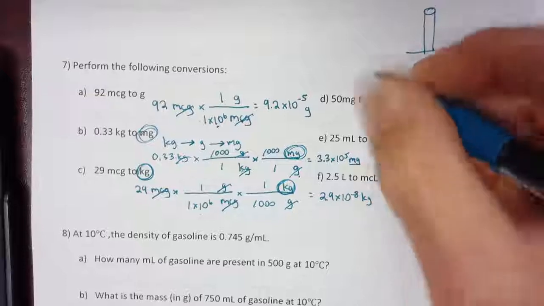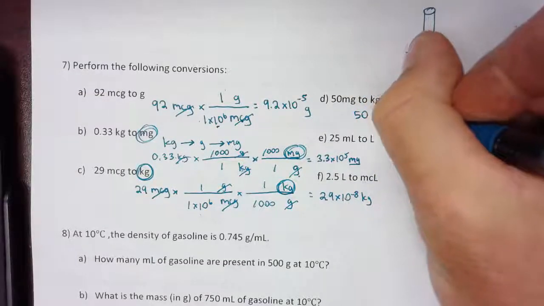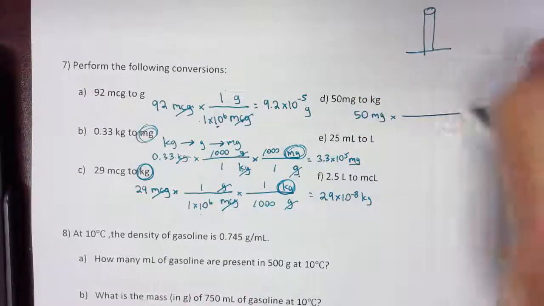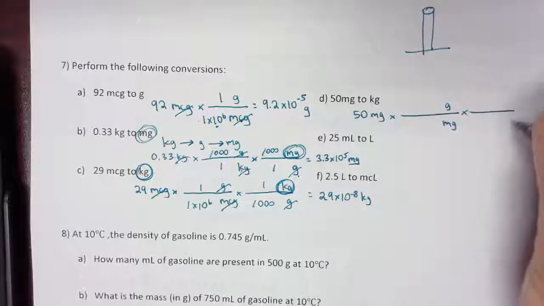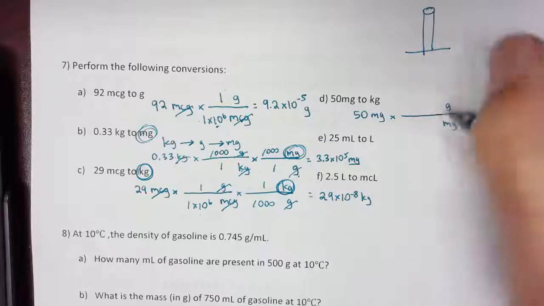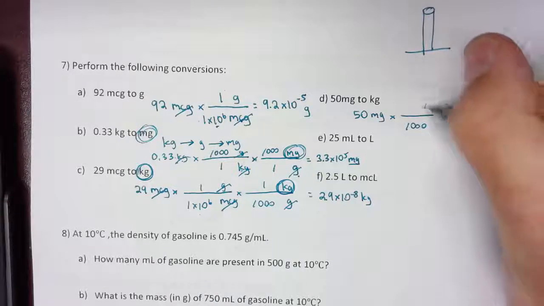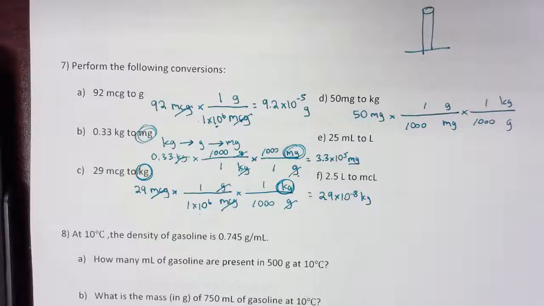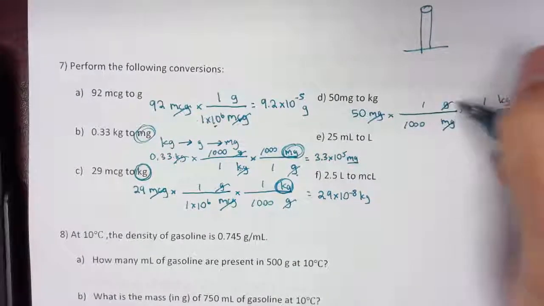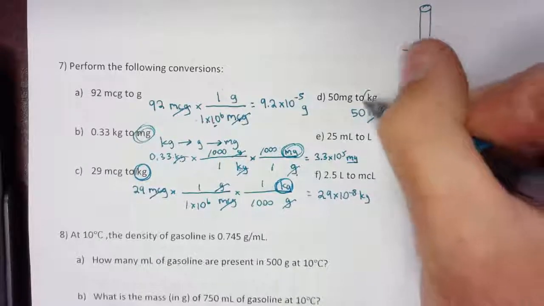All right, 50 milligrams to kilograms. Again, going through grams here. And I've got 1,000 milligrams in 1 gram and 1,000 grams in 1 kilogram. Canceled out everything that I don't need, and I'm left with what I'm interested in.